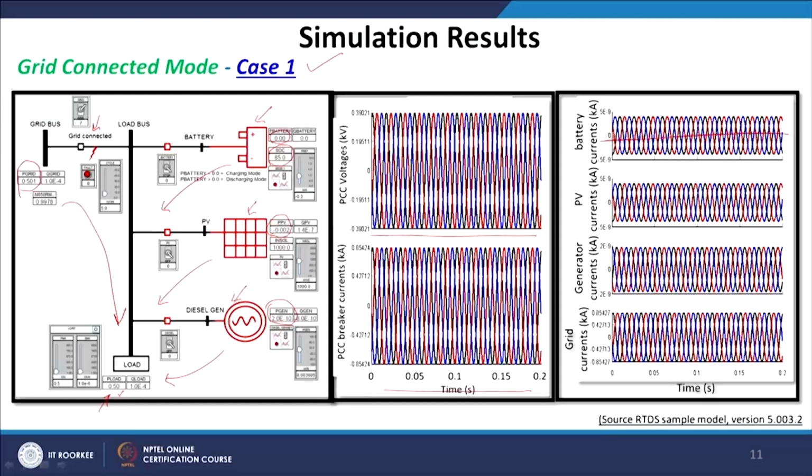So, there is nothing happening really, and the PV is again varying or oscillating very close to 0. Similarly, my generator, but the grid, you can very clearly see the grid current is significantly higher and oscillates close to 0.85 kiloampere being drawn to meet the load.